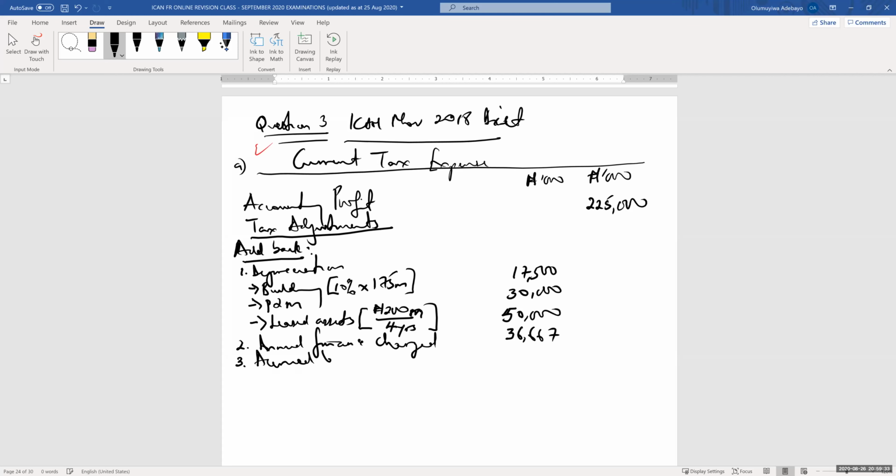Accrued interest expense, you add it back. How much is that? That is 8,250,000 naira. What other item is disallowed based on the information made available?